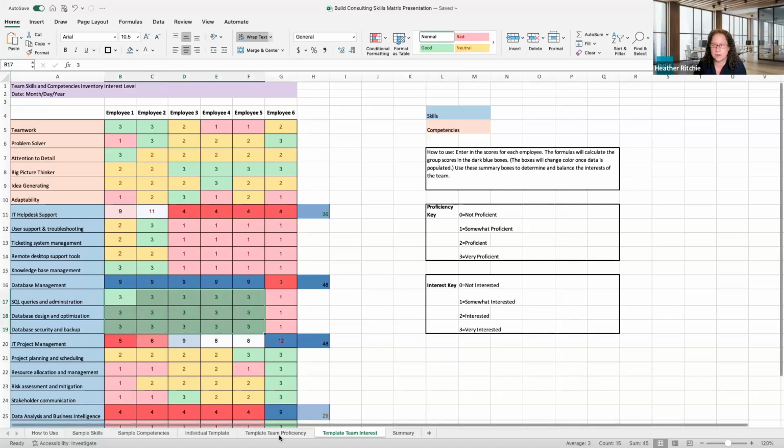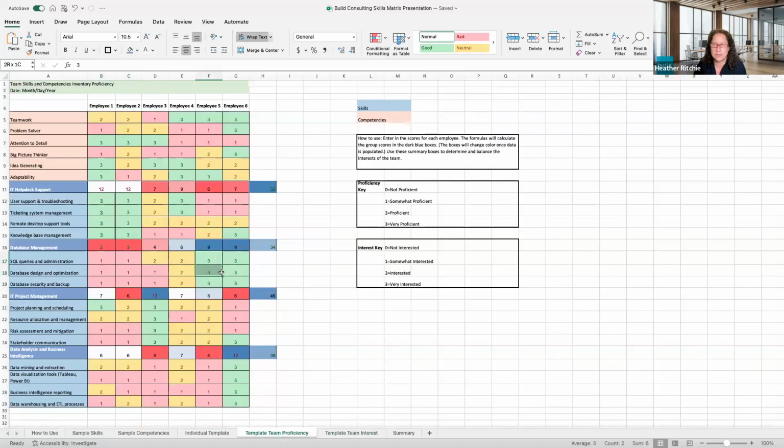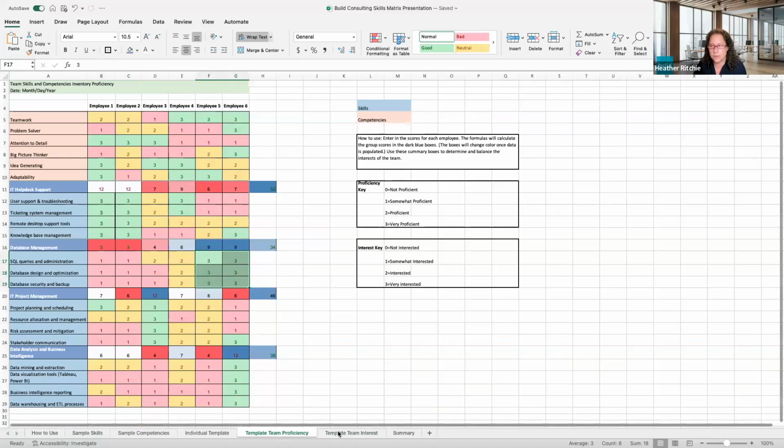And if we go back here, I know I have some experts in database management. So we might have internal capacity to do some training and development, or we might need to see if there are other people. I'll also note that for IT project management, according to this, based on discussions, we have one person who's really strong at this skill.